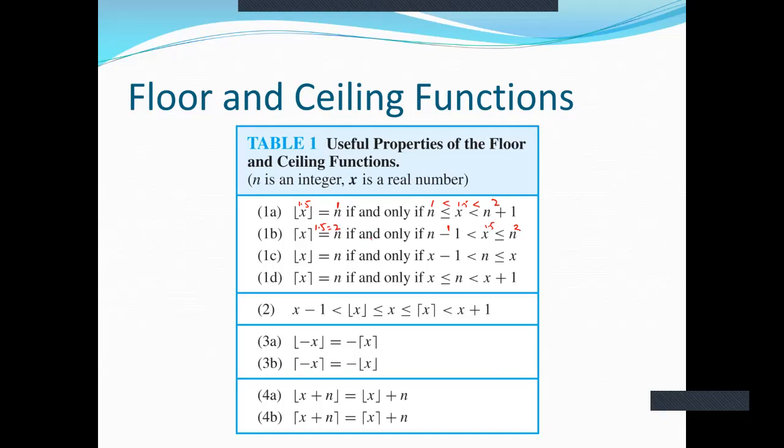Another property: if you take the floor of x equal to n, then n is greater than x minus 1 and always less than or equal to x. So the variables are interchanged. Let's take the same example. If I'm taking the floor of x, that is 1.5, the floor of 1.5 is 1.